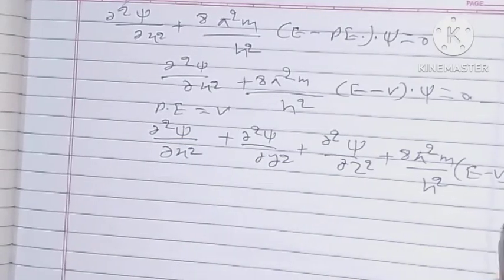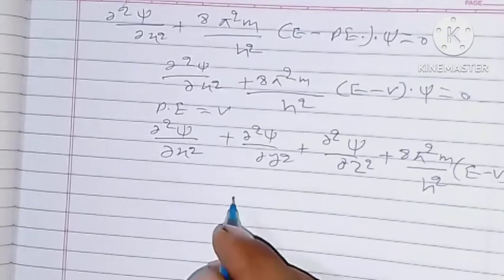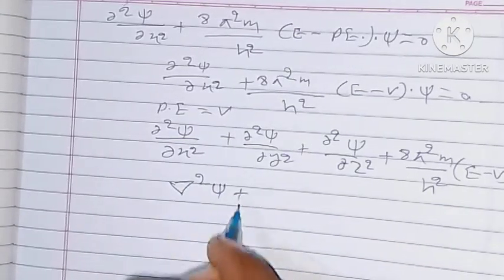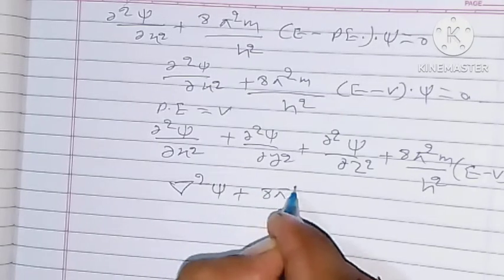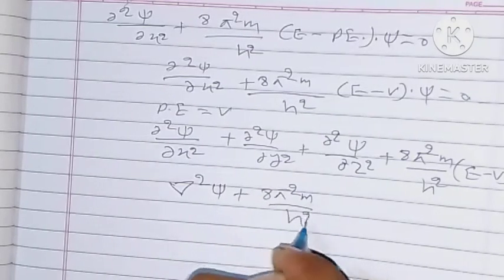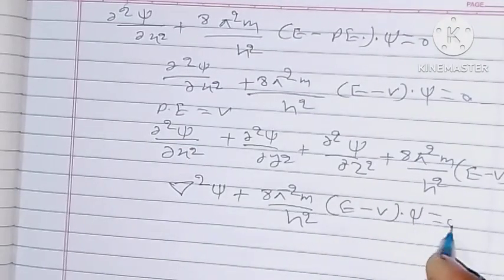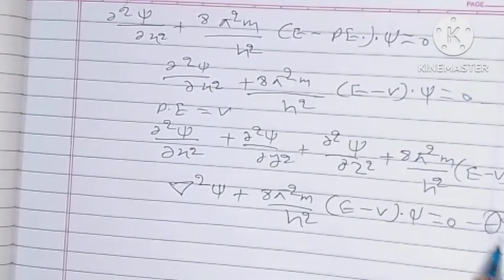This is equation number 7. Then del square psi plus 8 pi square m upon h square into E minus V into psi equals 0. This is equation number 8.